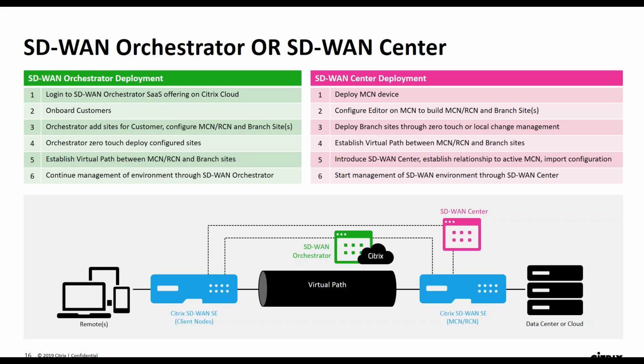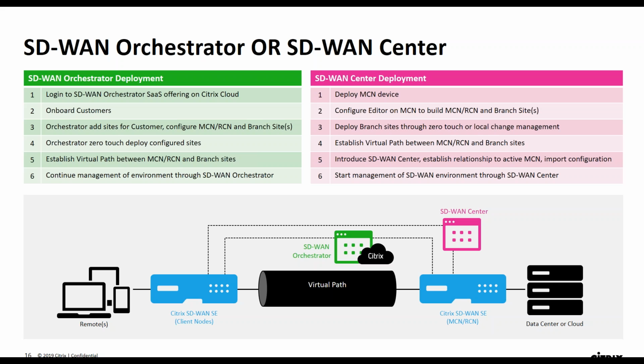When we take a look at it from a deployment perspective, as I said before, with SD-WAN Center, you're going to be doing everything through the MCN, which is, I would say, the primary control node on your SD-WAN deployment. You're going to be doing all the configuration through their own configuration editor. We're going to be using change management to push out and provision multiple branch sites.